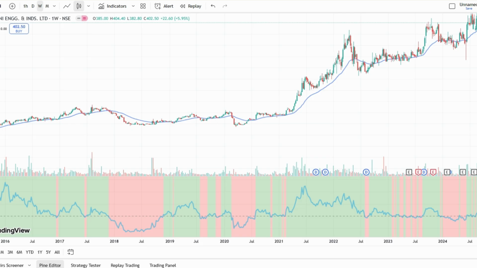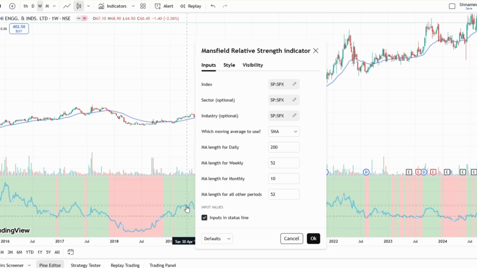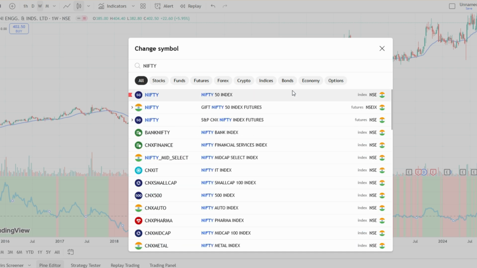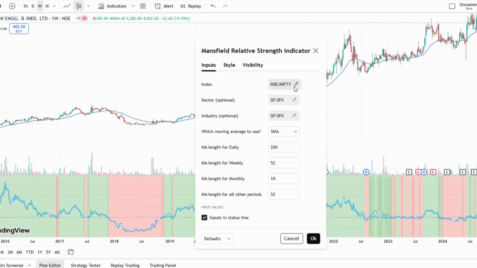Okay, so first we will make some changes to the indicator, because this indicator has been developed for US markets, so we have to make some changes. You can see once we click the settings, in the input, change this broader market index to Nifty 50, or you can also use the Nifty 500.